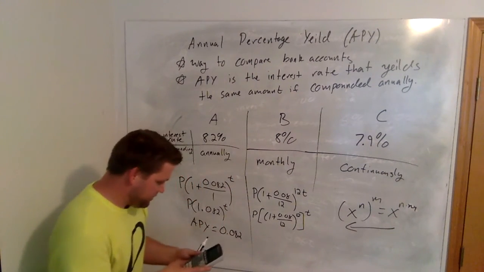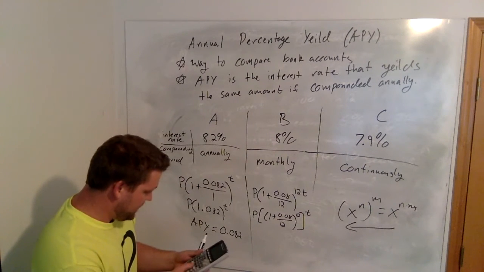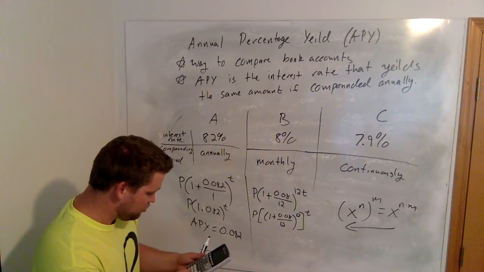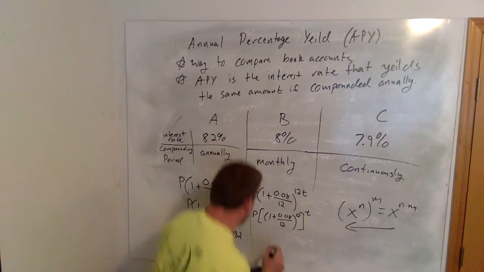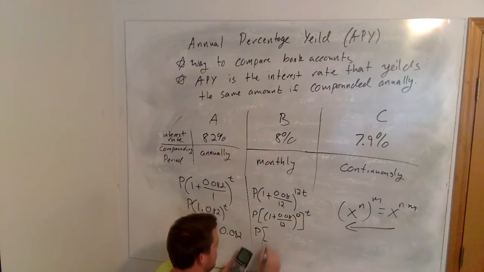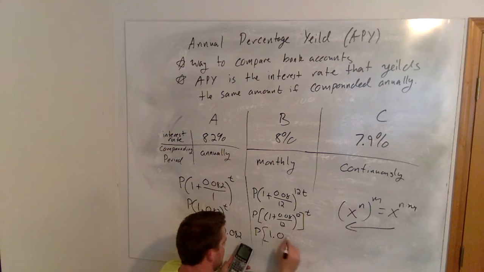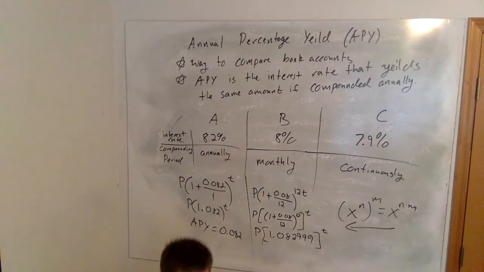So we have 1 plus 0.08 divided by 12, to the power of 12. I'm computing this piece and hitting enter. This is saying we'd have the principal times, in these parentheses, 1.0830 or so, to the power of t.